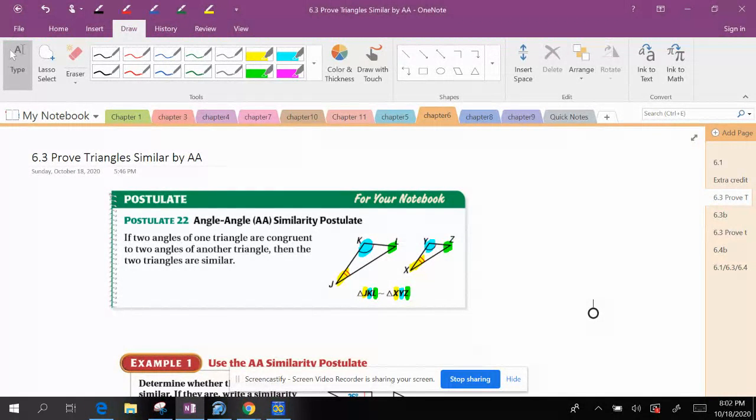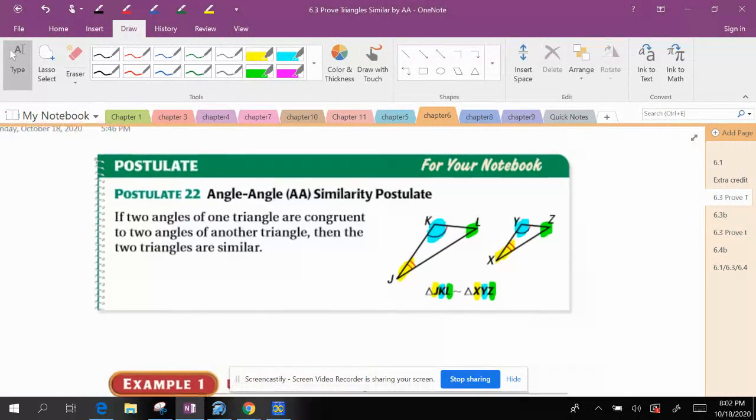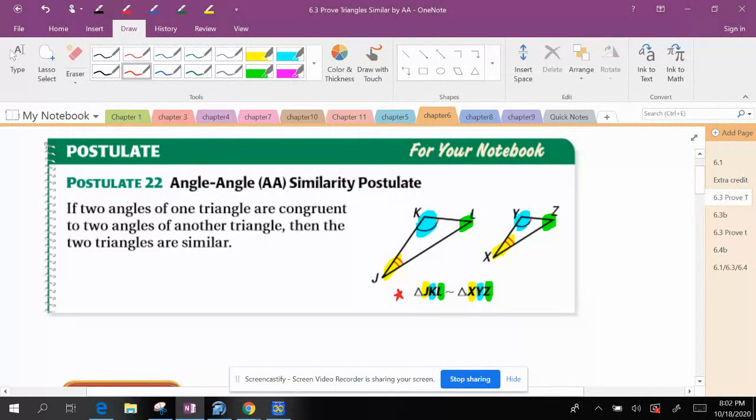So in this picture, it's already kind of color coordinated for you. The way the similarity statement is written down here is just like a congruency statement, except there's no equal sign in between it, with the little mustache squiggle. It's just a little mustache squiggle saying that the two triangles are similar. The order in which you write these statements does matter.